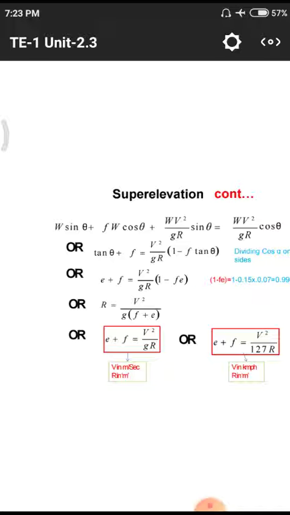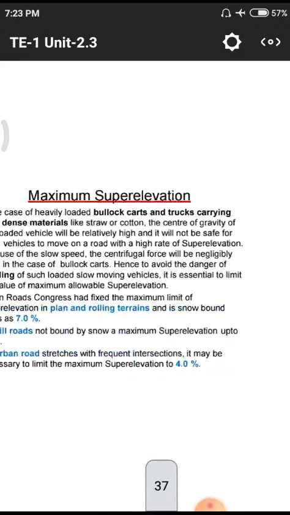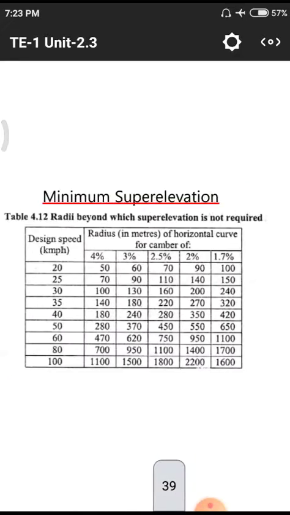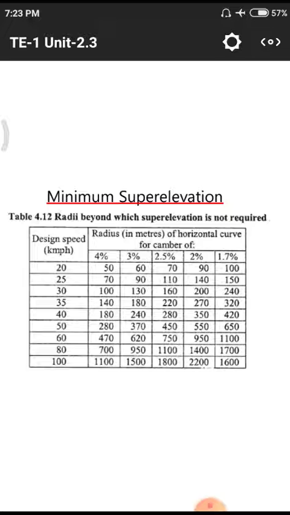In some conditions, on national highways and others, we have BT roads, bitumen tar roads, so the friction will be negligible. Why? Because friction is considered in local conditions, not for highways, so this friction will be negligible in highway conditions.